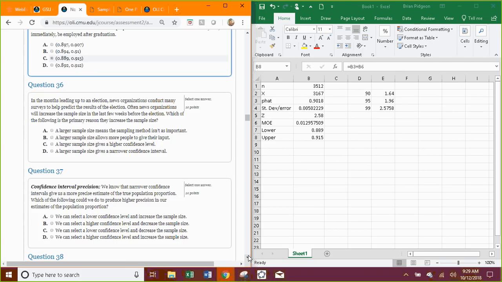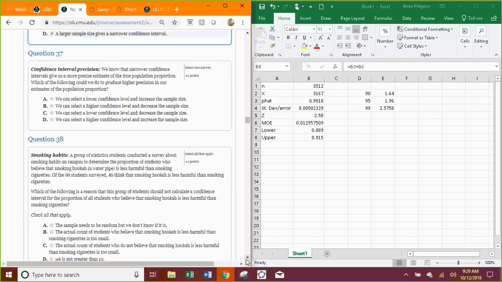We want a narrower confidence interval because that interval gives us the plausible values of the population parameter that we're interested in. In the case of an election, it gives us the plausible values for the percentage who will vote for a particular candidate. It just means a narrower confidence interval.